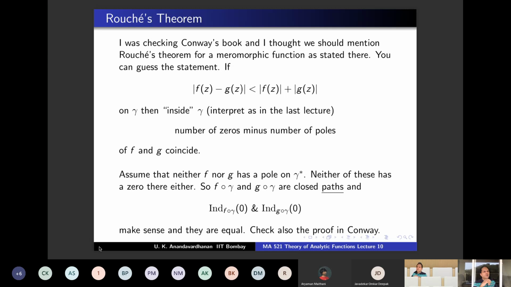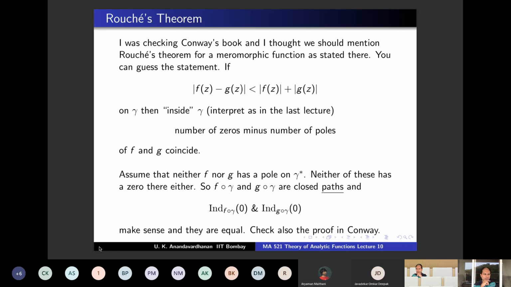So here, what do we need to show? Here also, only on gamma star will matter for the argument. So please check the proof in Conway. But if you can visualize what I'm saying verbally, we need to show that the integral over gamma of this function, let's call f by g to be p, so the integral over gamma of p prime by p is what we are interested in.